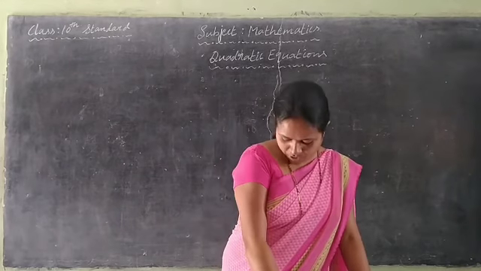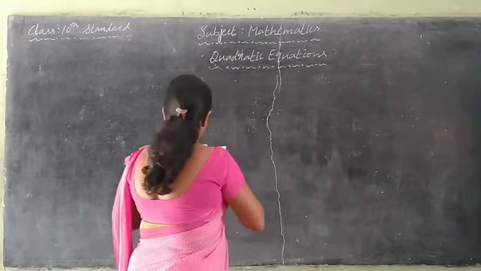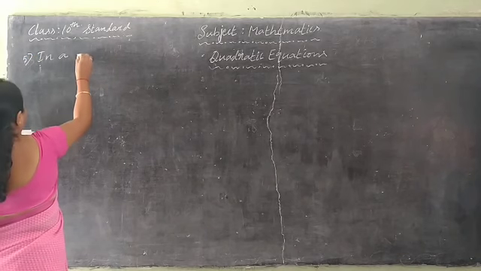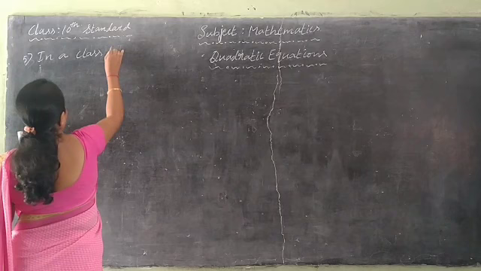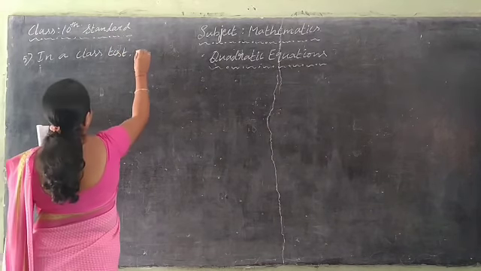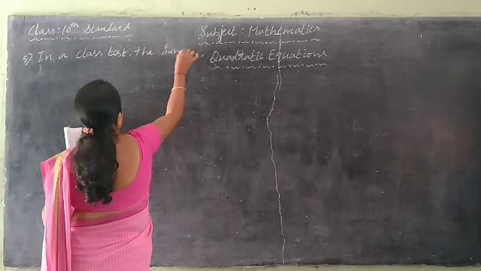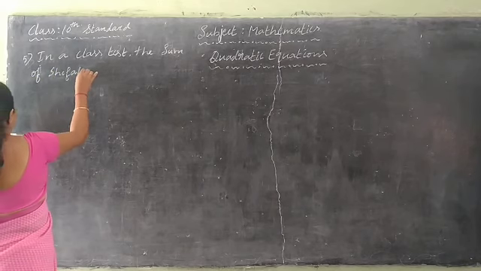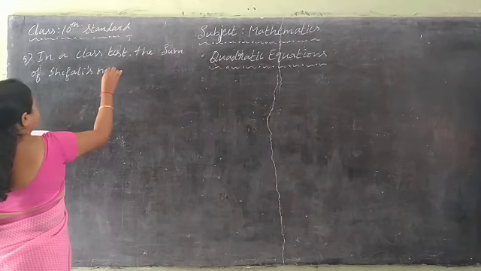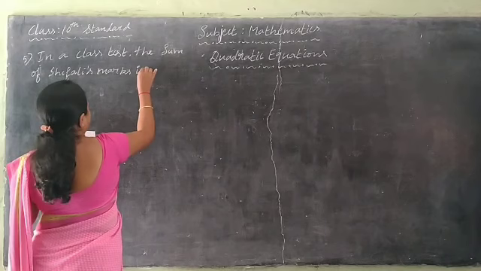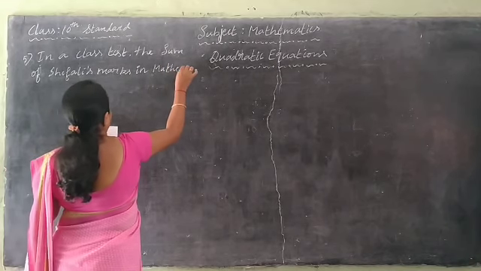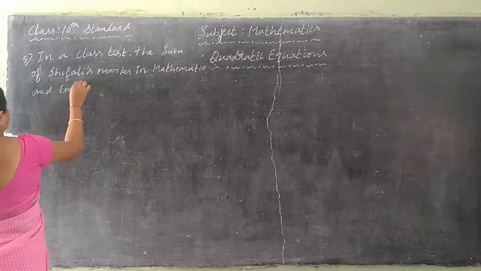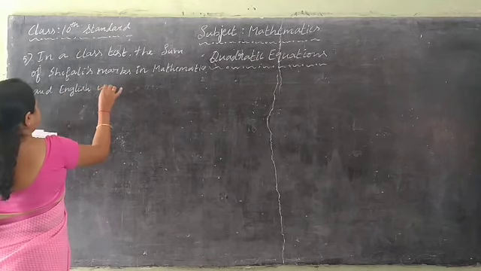Now we will take up the next problem, children. In a class test, the sum of Shefali's marks in mathematics and English is 30.